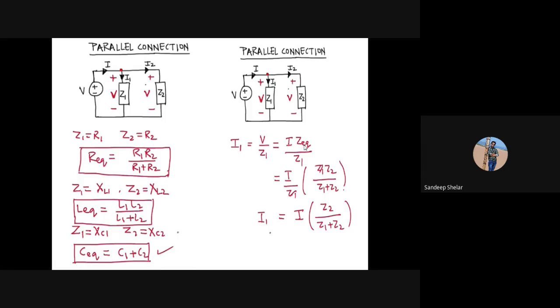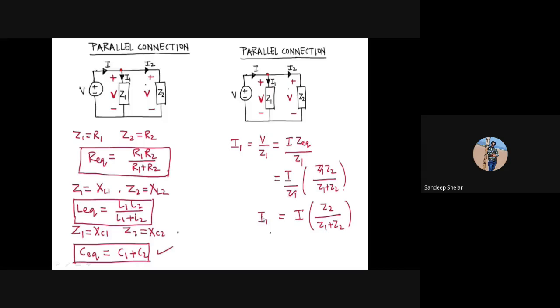Then I into Z equivalent upon Z1, but Z equivalent is equal to Z1 into Z2 upon Z1 plus Z2. Then Z1 gets cancelled. Okay. Now we obtain the current equation for I1 is equal to I into bracket Z2 upon Z1 plus Z2.